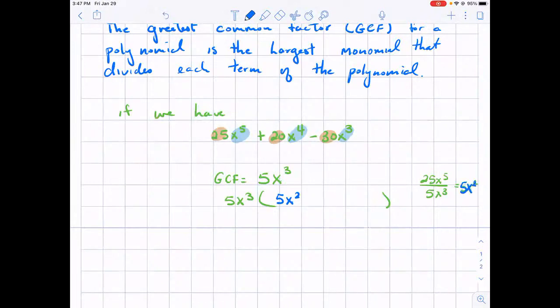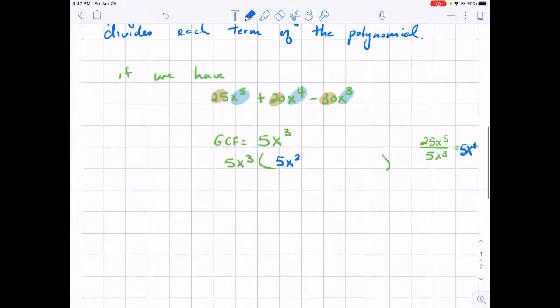Move on to the next term. What is plus 20x to the fourth divided by 5x cubed? That will give me 4x. So we have here plus 4x. And what is minus 30x cubed divided by 5x cubed? Well, the x cubes will cancel out, leaving me just minus 6.